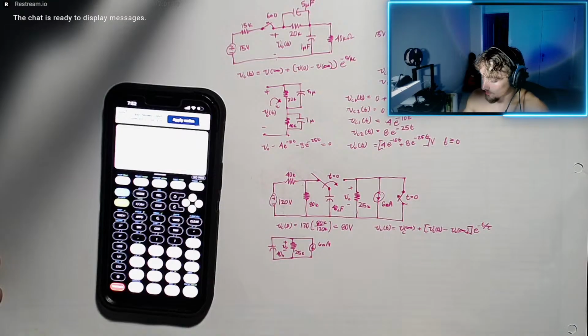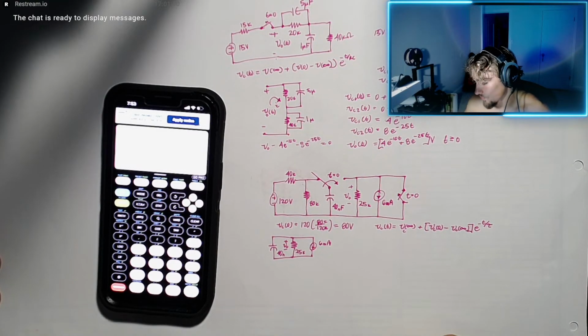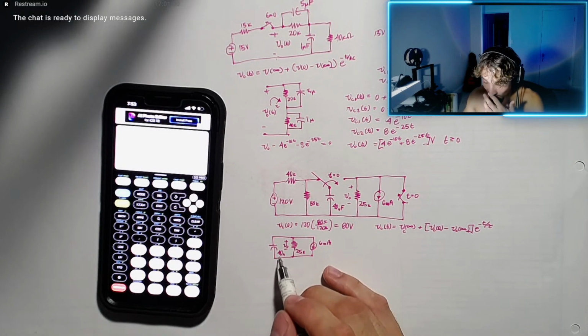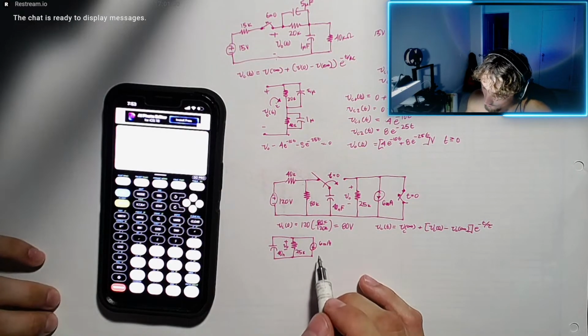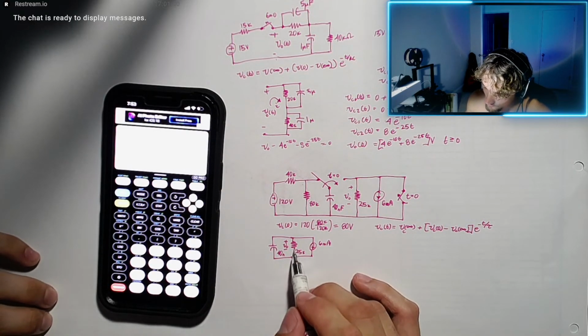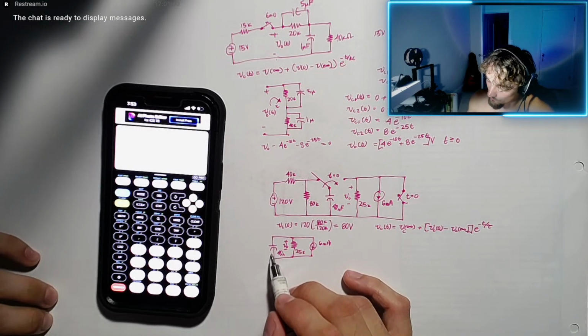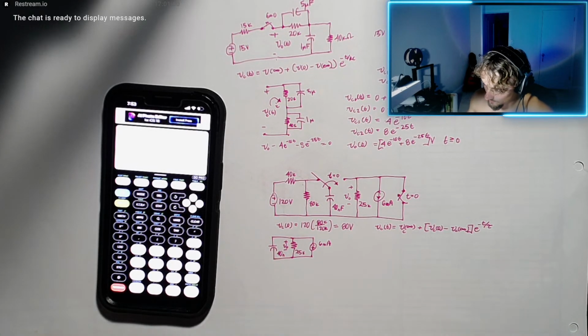So what is our final value? We have our initial value. After a long time, again, it'll look like an open circuit. So what is the voltage developed across this resistor if we were to consider this an open circuit?